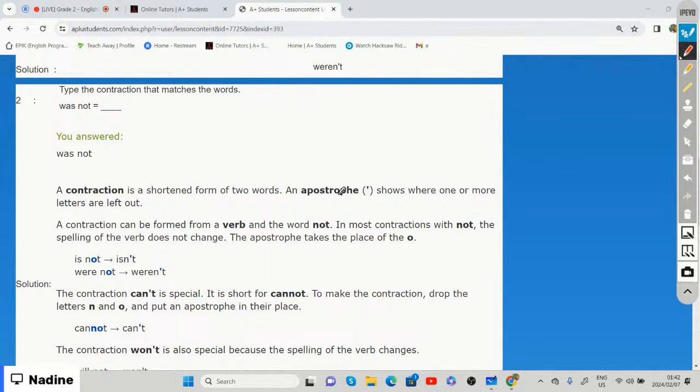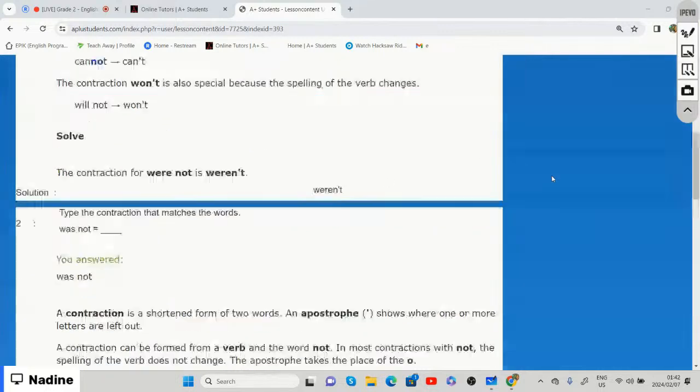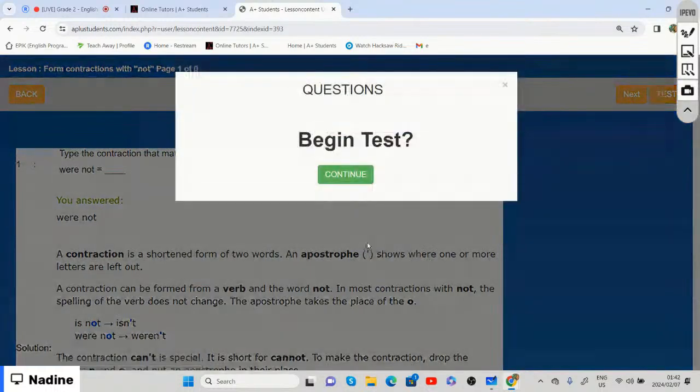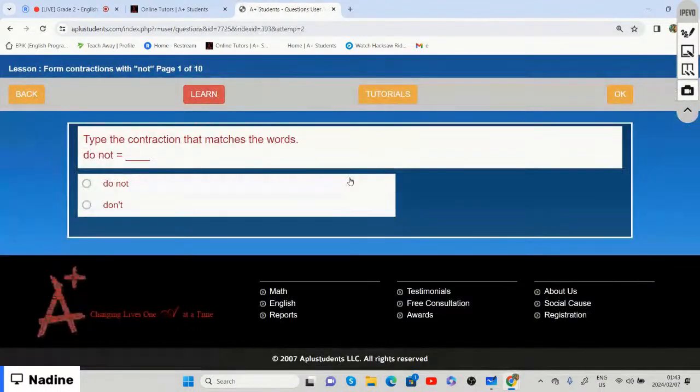Right? So now let's go to our test where we are going to be forming contractions with the word not. And remember, when we form contractions with the word not, we basically just remove the O and put an apostrophe in that place. So we need to type the contraction that matches the words.